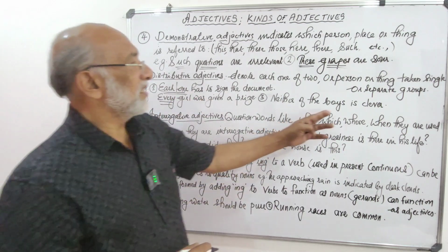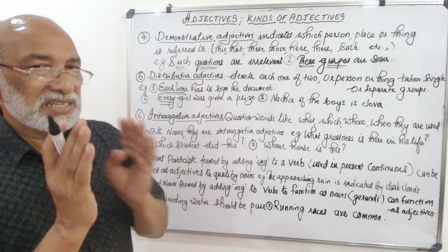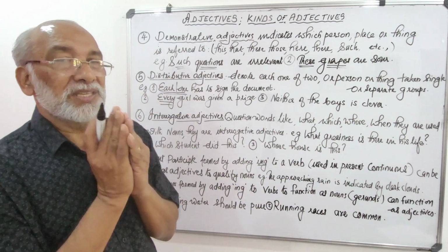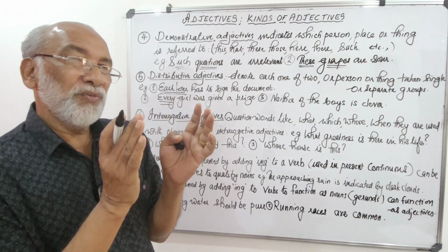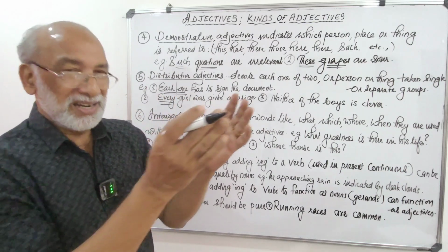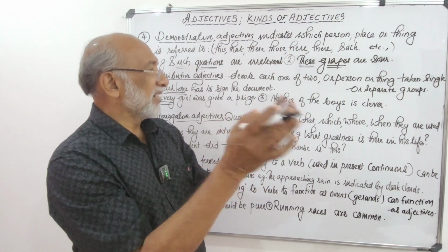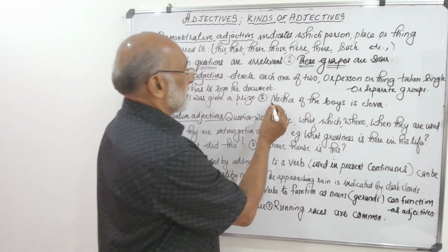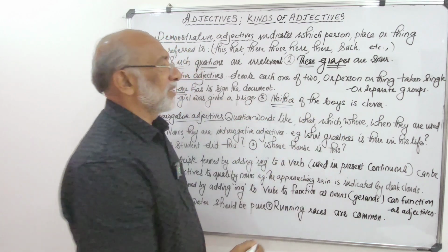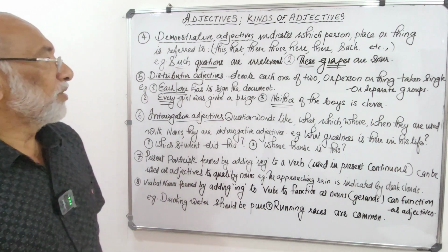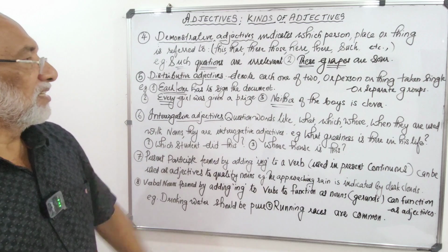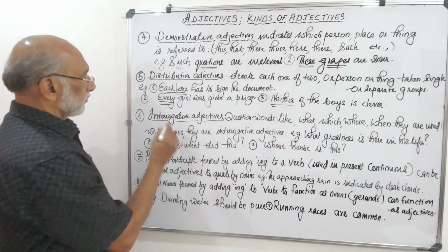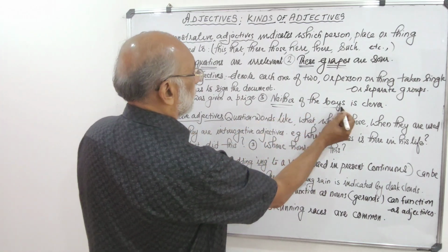Then, neither of the boys is clever. We consider 2 boys and then we think of them separately. We regard them separately and say neither of the boys is clever. Okay, so neither is also a distributive adjective in this context, and it qualifies the noun boys.